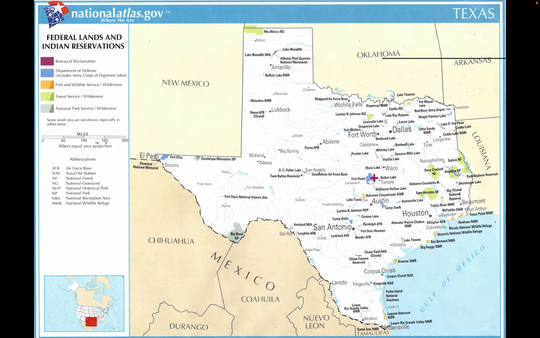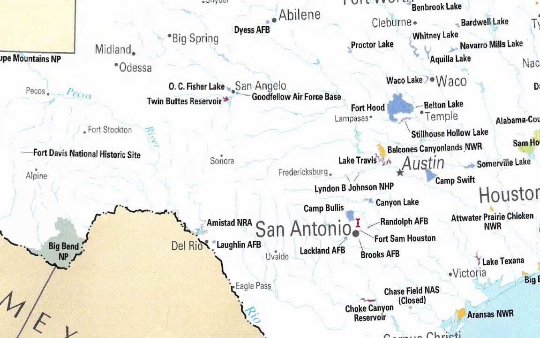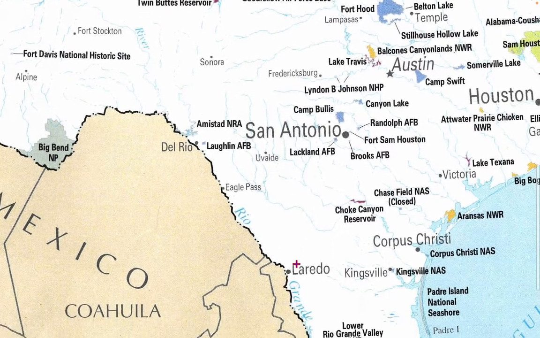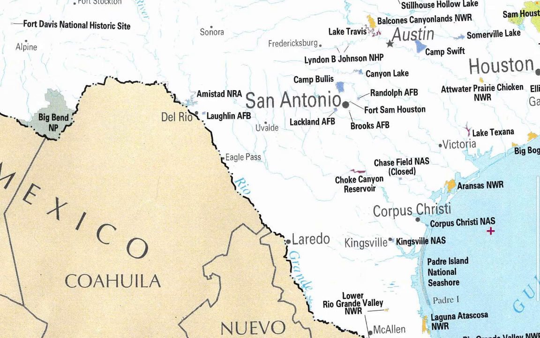Fort Hood, Fort Bliss, Camp Bullis, I guess, Randolph Air Force Base, Fort Sam Houston, Brooks Air Force Base, Lackland Air Force Base, Laughlin Air Force Base, Corpus Christi Naval Air Station, Kingsville Naval Air Station.